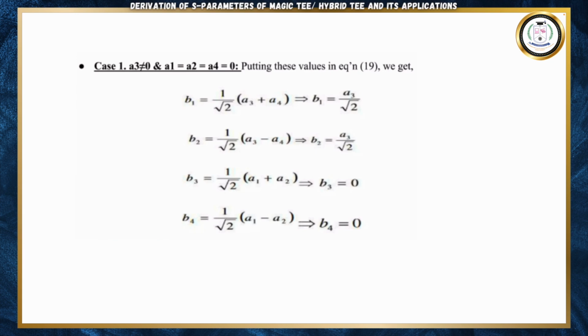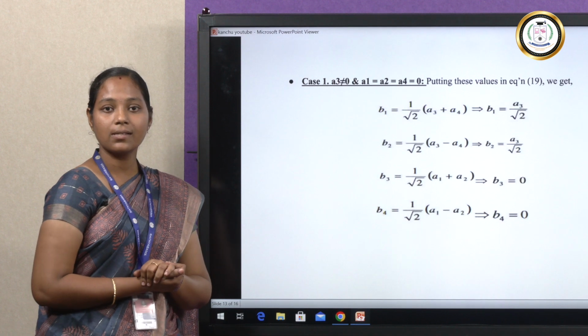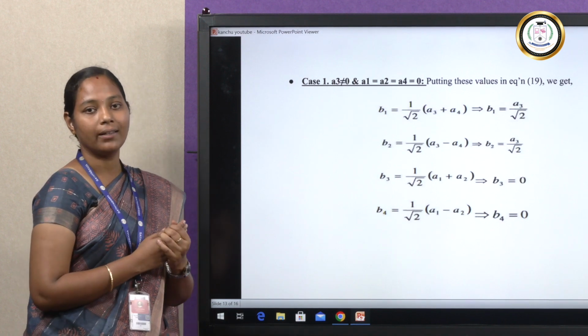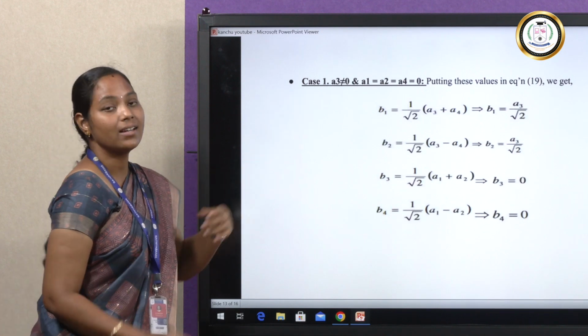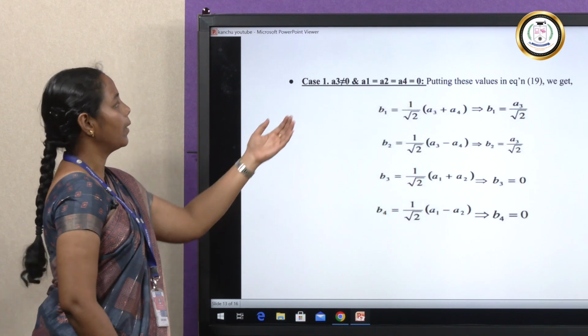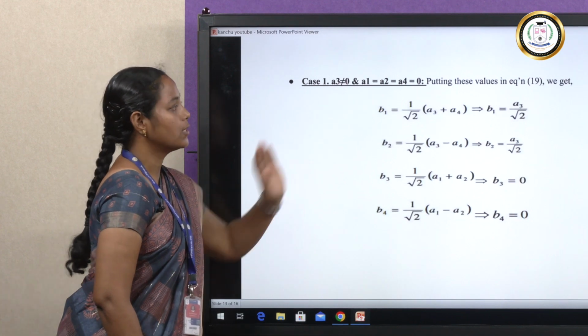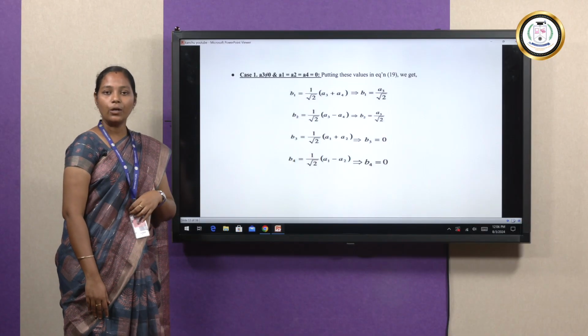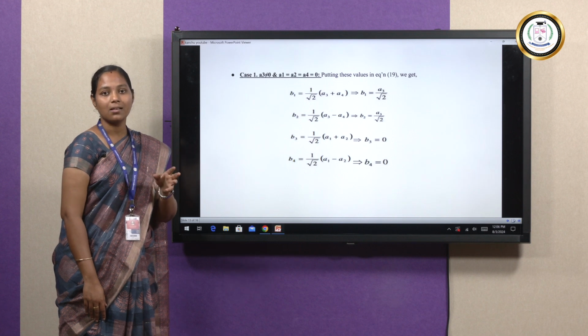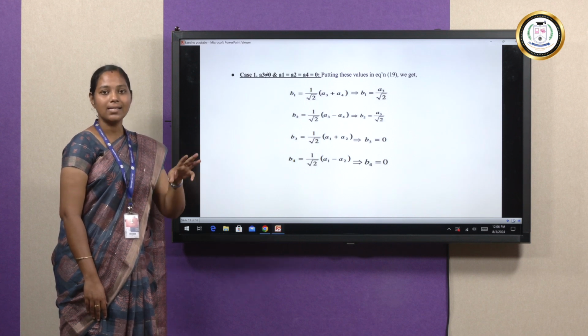The next thing, some of the findings from the magic tee are: the first case we are going to take is A3. Already we have discussed A3 is nothing but your H-plane. So we are going to give the inputs there. So that is what they have mentioned. A3 is not equal to 0 because we are going to give the input signals over there. Next, A1, A2, A4 are 0. If you are keeping like that, we know that H-plane means we have to get positives, in the sense of equal amplitude and same phases.